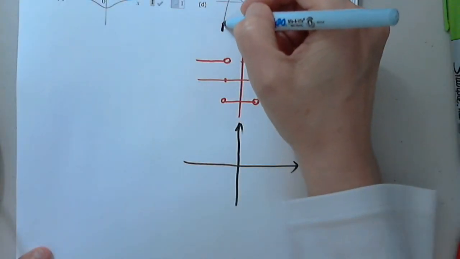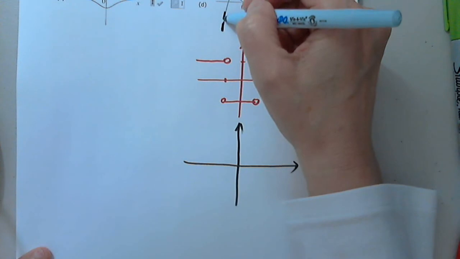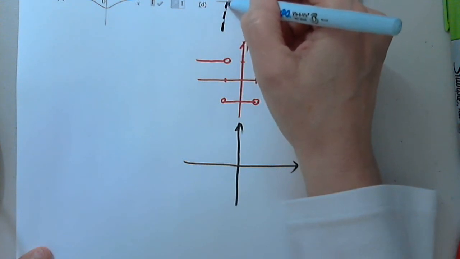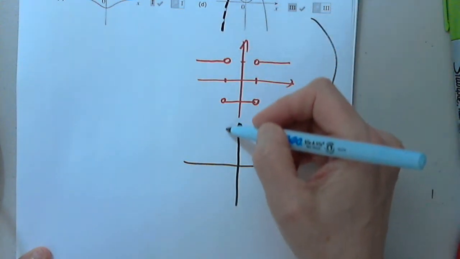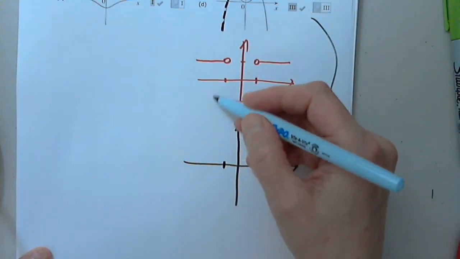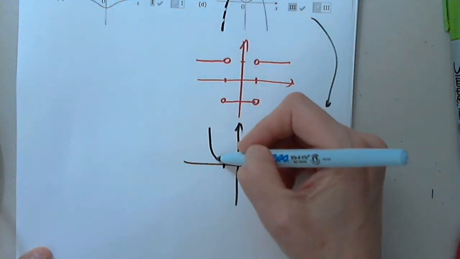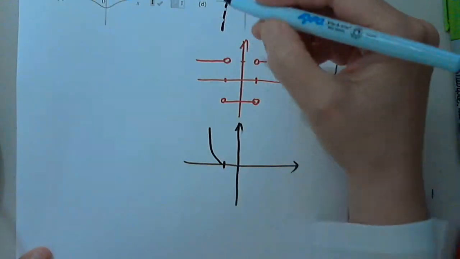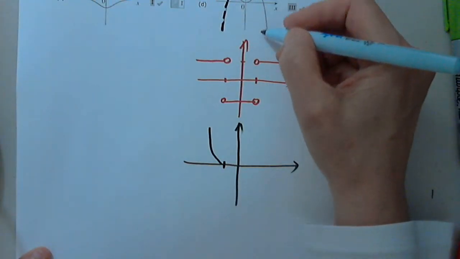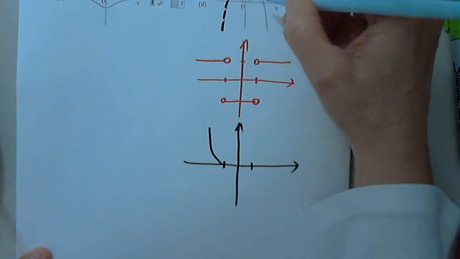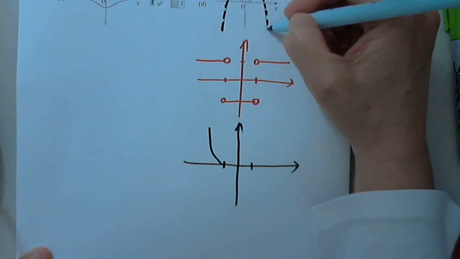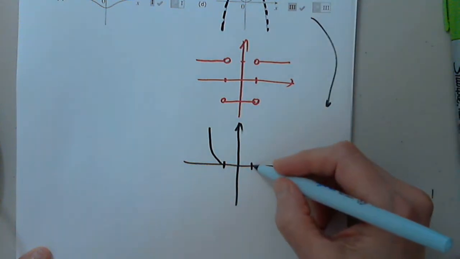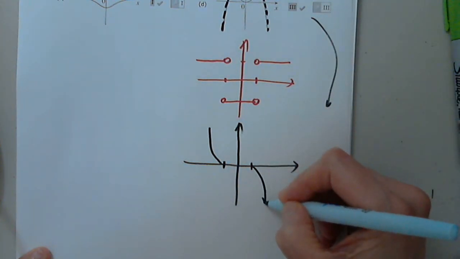So positive, huge, positive, smaller, positive, smaller, positive, smaller, 0. So positive from huge to 0. Again, here is 0. And on this side is negative, negative, negative to huge negative. So this has to be this way.